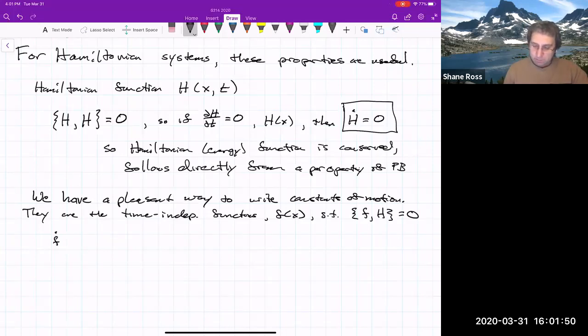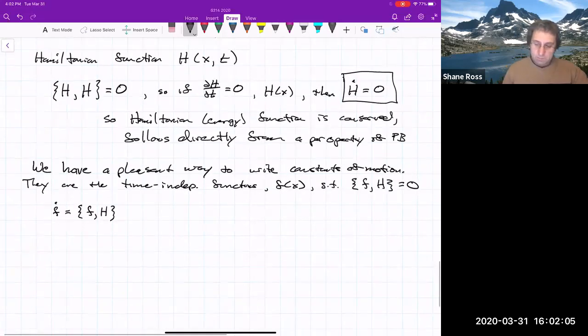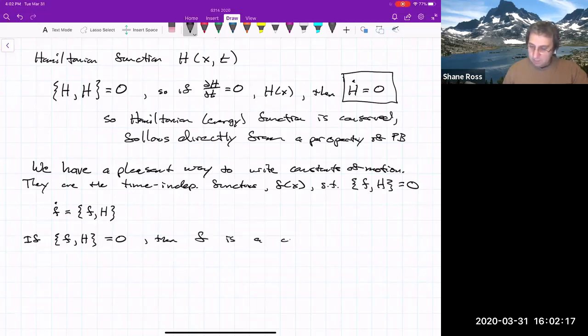Well, because from what we wrote up above already, for any function f, the way it changes in time is the Poisson bracket of f with H if there's no partial f partial t. So if f with H equals 0, then f is a constant of motion.